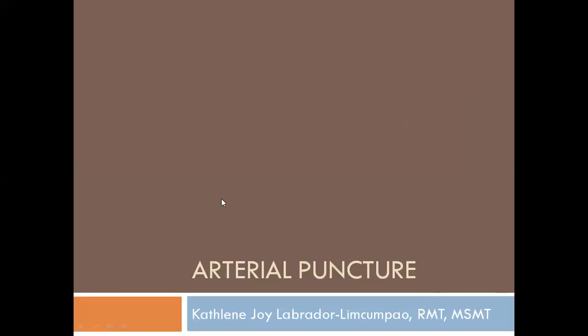In this lecture, class, what we're going to discuss will be mainly the advantages and disadvantages of different arterial puncture sites, because we have many available sites to use for performing arterial puncture. Then the radial ABG procedure; radial is one artery or site used for arterial blood collection.